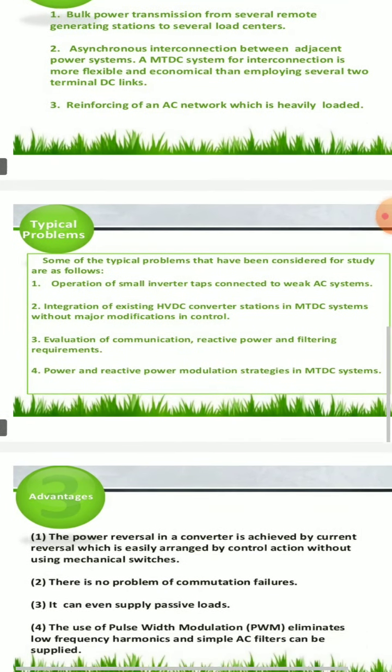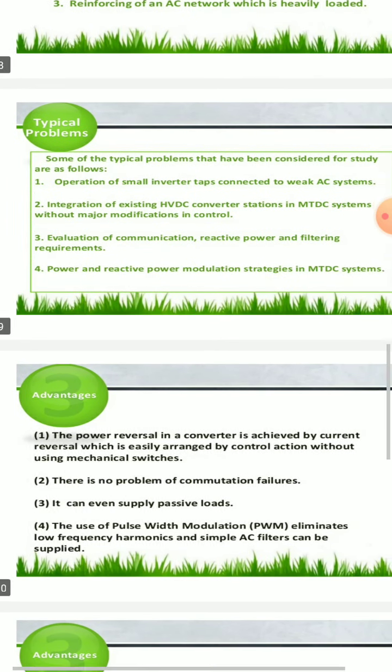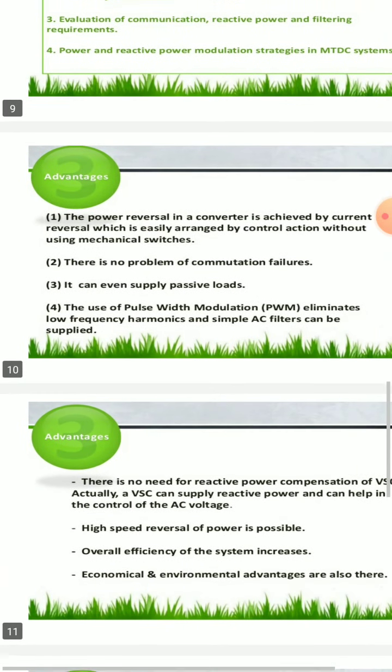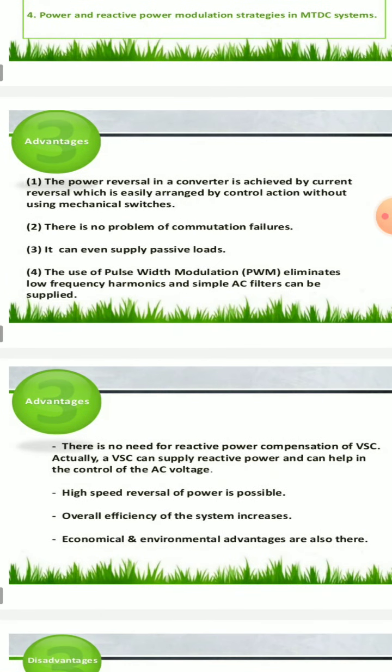The various problems, and advantages, which are economical and environmental. Efficiency of the system increases. It can supply passive loads. There are no commutation failures.